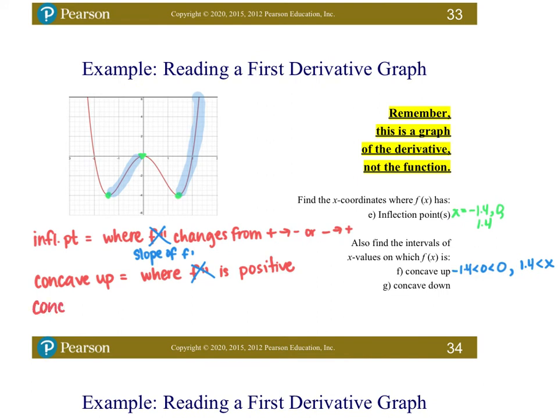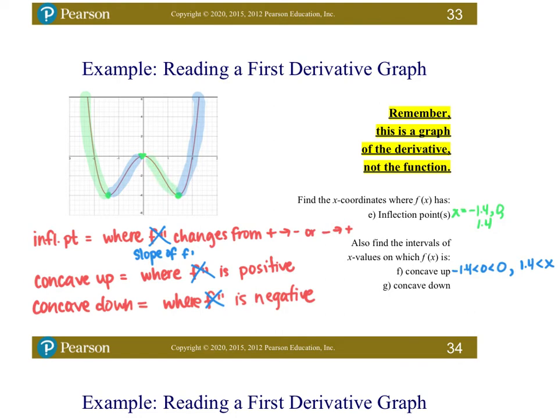And then the definition of concave down, where f double prime is negative. Okay, that's the definition. Swap out the definition of f double prime for the words slope of f prime. And if I'm looking at f prime, the slope of this f prime is negative on these two values.